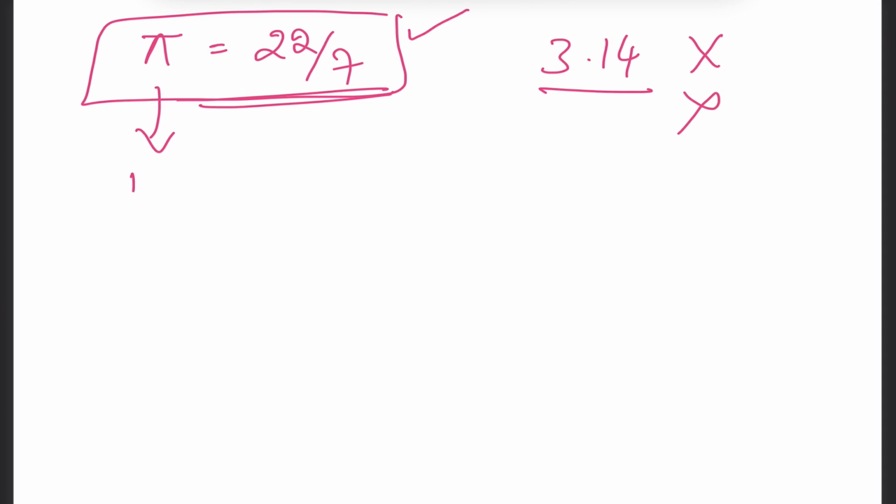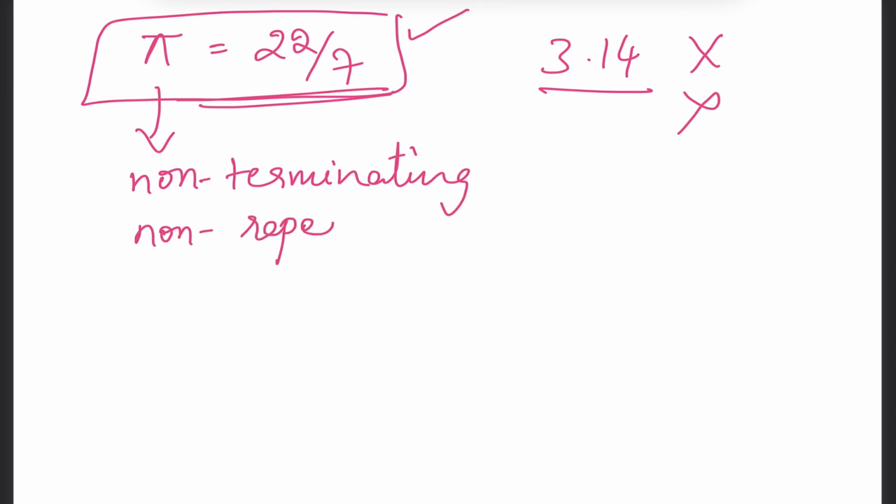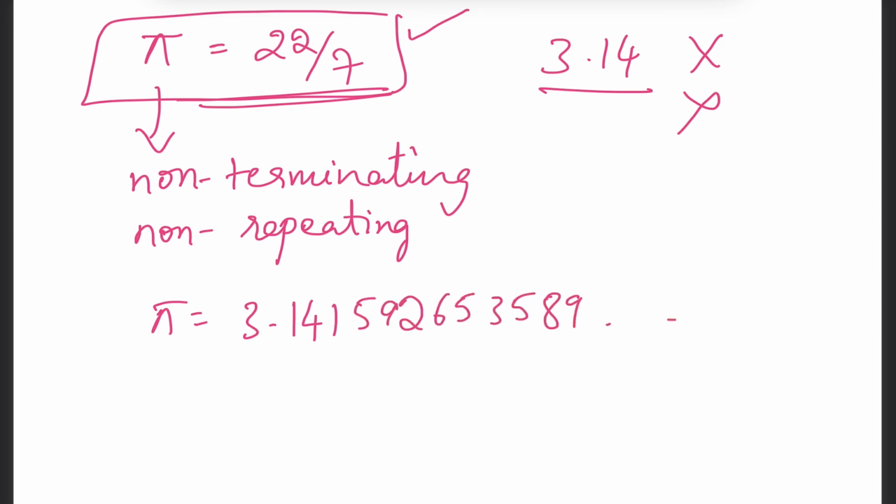Because we know that the value of pi is non-terminating and it is also non-repeating. It is a non-terminating and a non-repeating decimal value. The series goes on. That is pi is equal to 3.141592653589. It goes on.